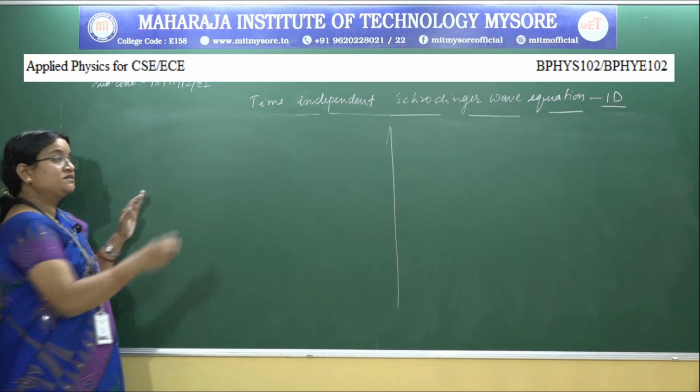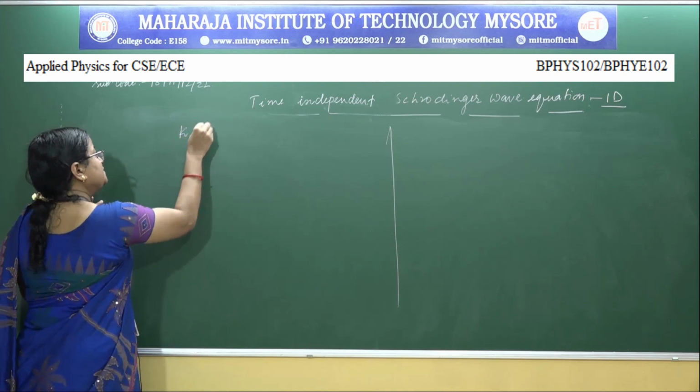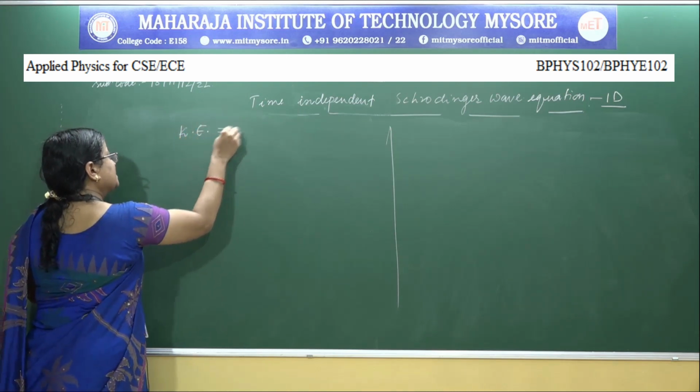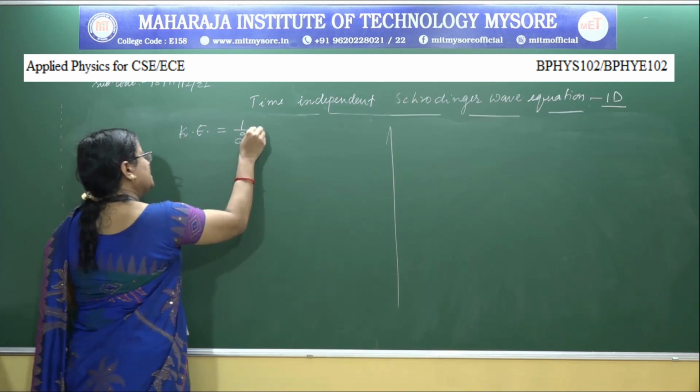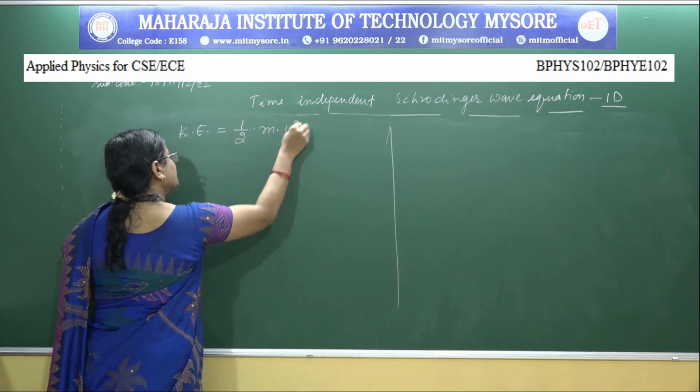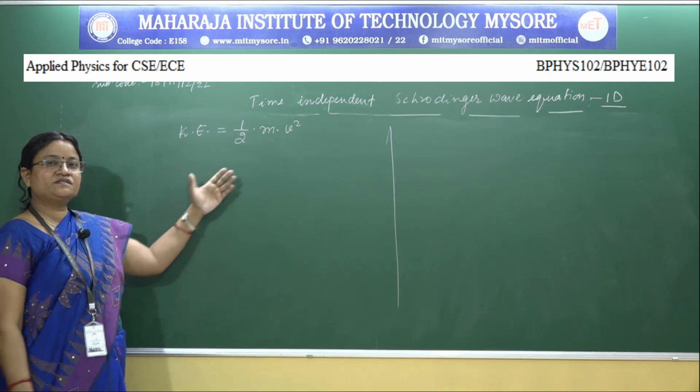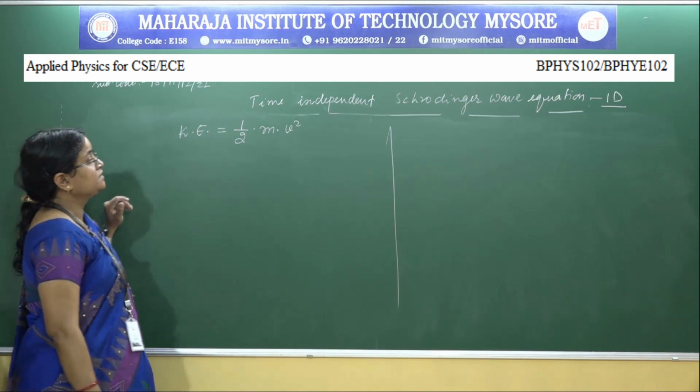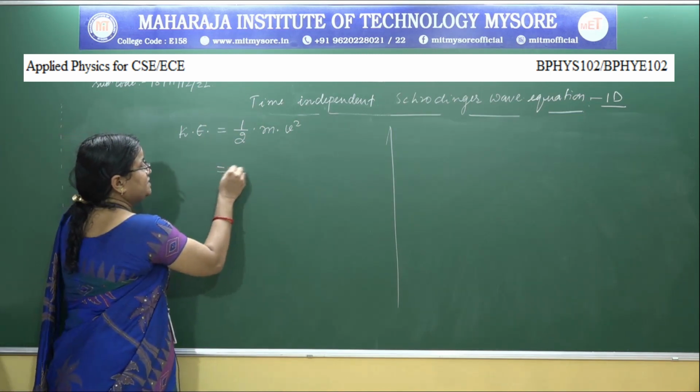So the kinetic energy of the particle is given by half mv square, where m is the mass and v is the velocity in x direction. Further we will simplify the equation.